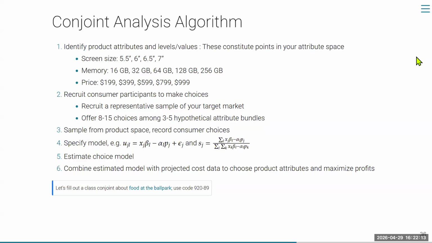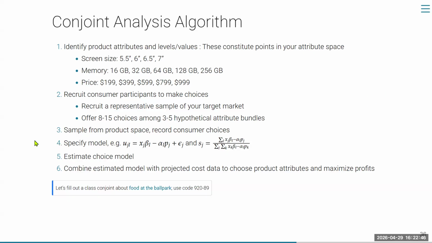So the approach to running a conjoint analysis study is the following. You decide the attribute space and the points within that space you want to evaluate. You try to sample a representative group of your potential customers. You typically ask them to make around a dozen choices based on a handful of attribute bundles, so that they don't get overwhelmed and they don't get fatigued.